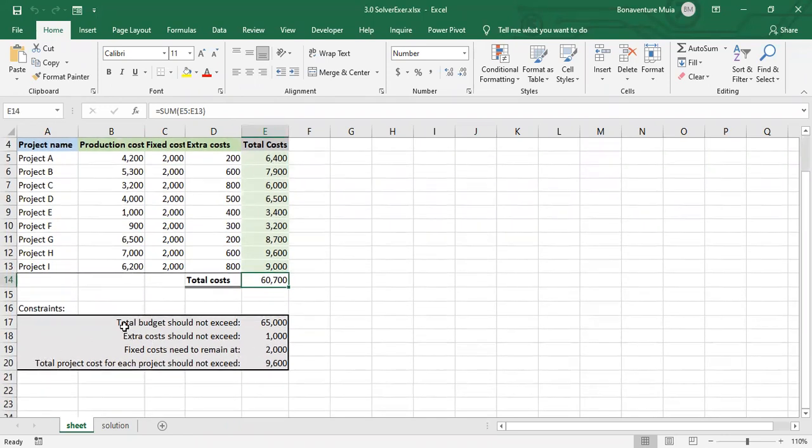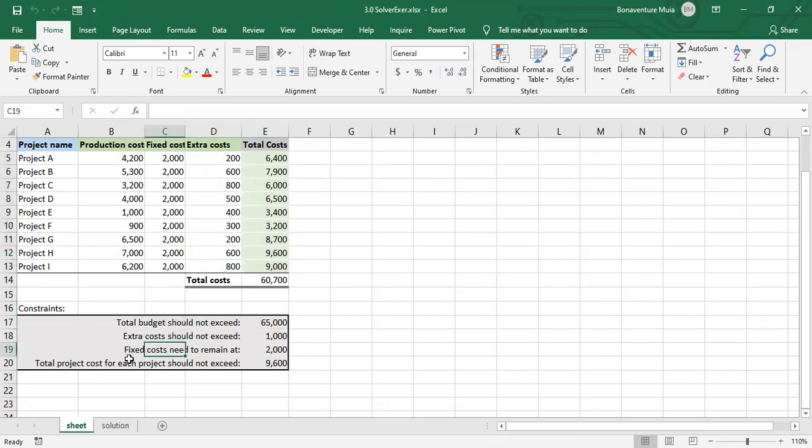So we are told that the total budget should not exceed 65%. So what you're going to do is set the objective to be 65,000. You're told that the extra cost should not exceed 1,000. We have the extra costs here.